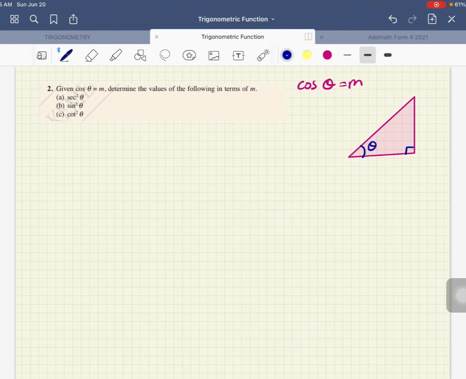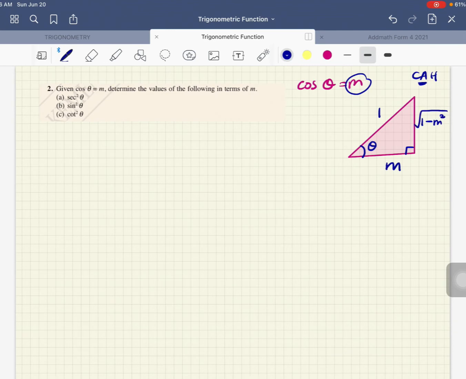So this is theta, and cos is adjacent over hypotenuse, meaning that m is actually m over 1, because it's only m. So 1 is the hypotenuse, and m is the adjacent. Can you get the opposite side? Using the Pythagoras theorem, the opposite side is the square root of 1 minus m squared.